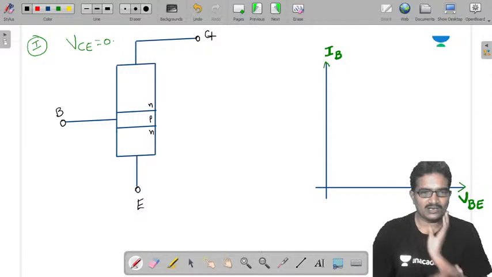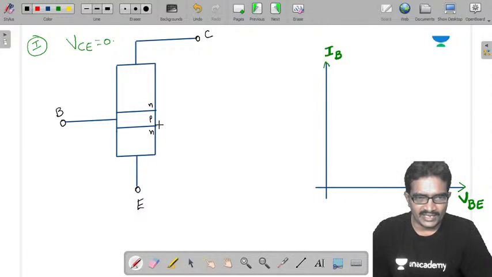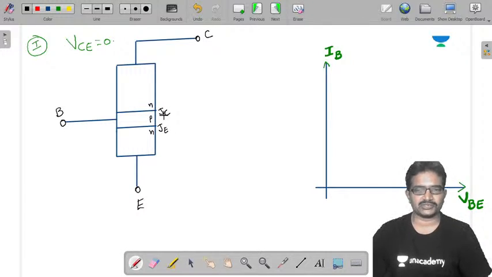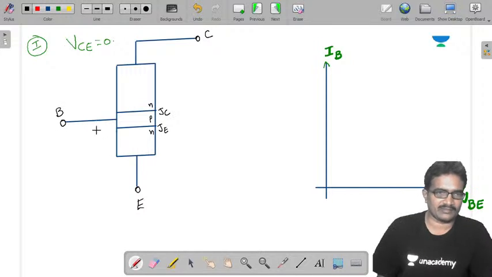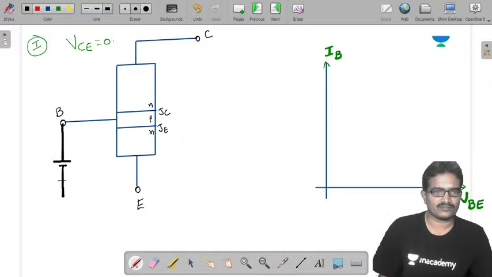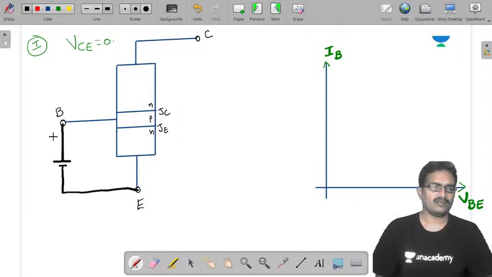Now this is our emitter junction and this is the collector junction. The emitter junction should be in forward bias, so I am connecting this in forward bias. Forward bias means a VBE you need to apply, positive and negative, like this. So this is the voltage VBE.